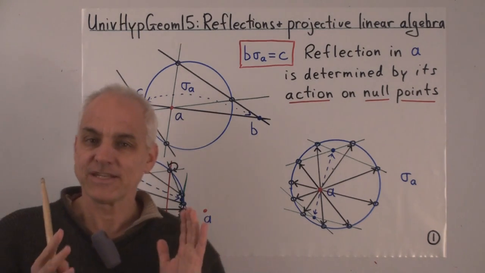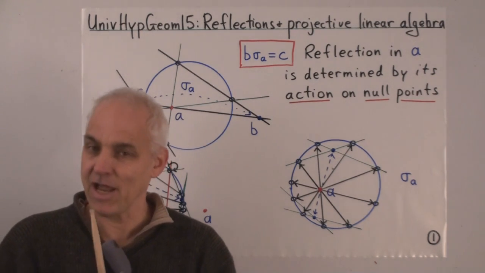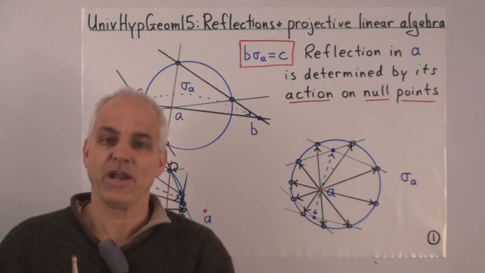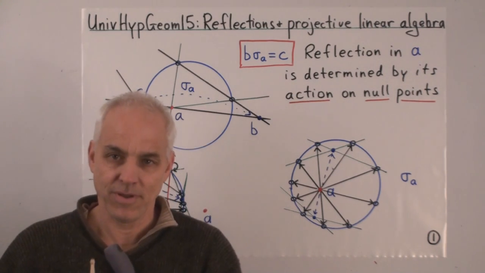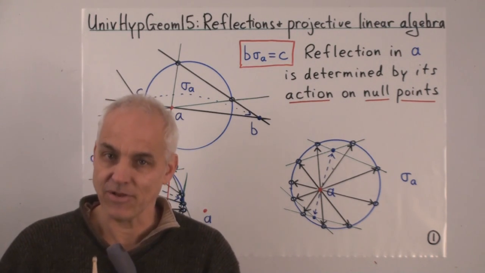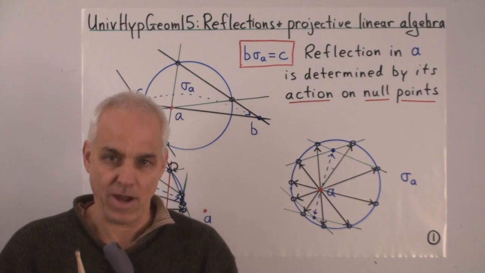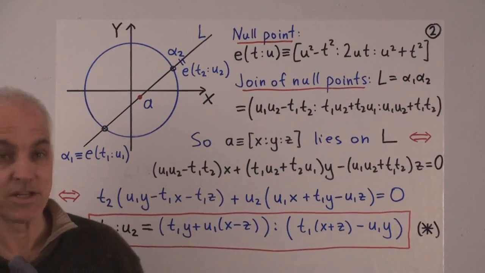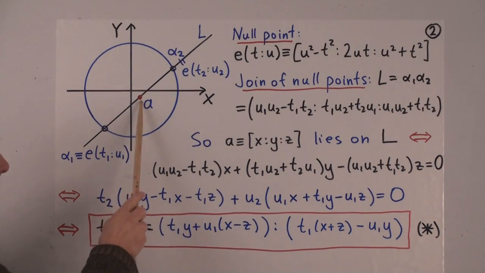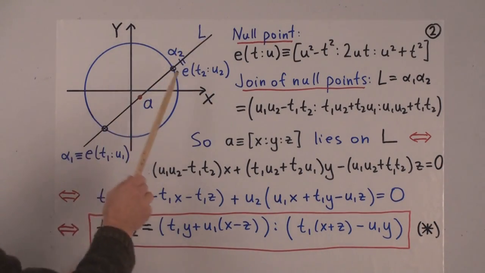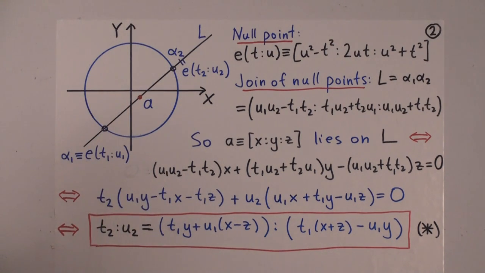We want to study a reflection in a line A by concentrating on what it does to the null circle. So we're going to only focus on null points for a while. So let's consider point A, a line through A meeting the null circle at 2 null points, alpha 1 and alpha 2.